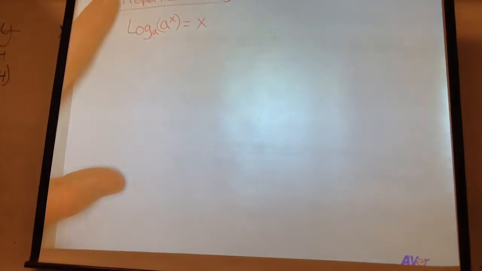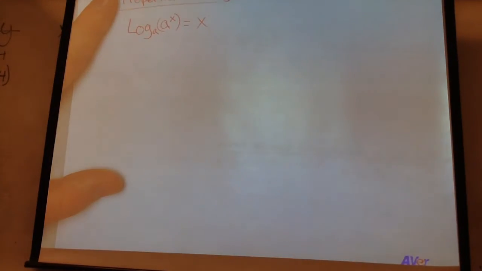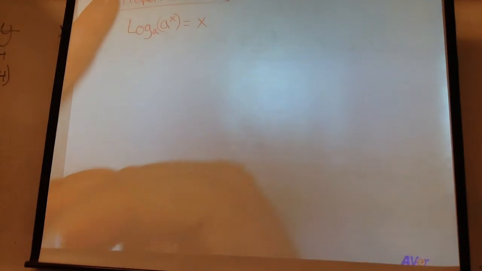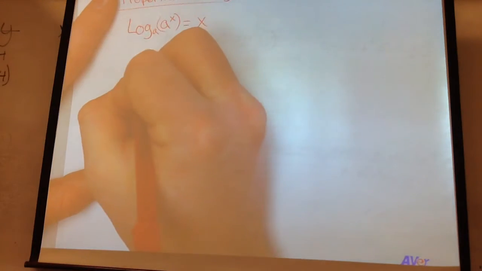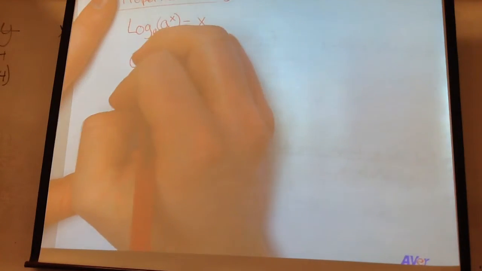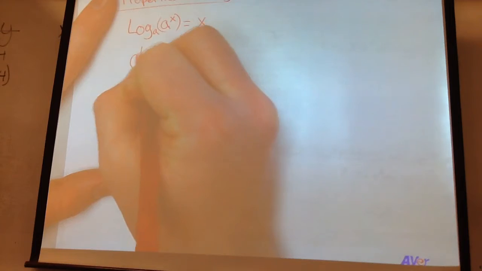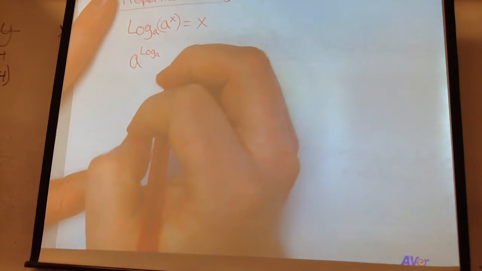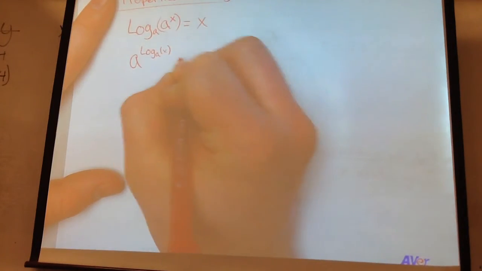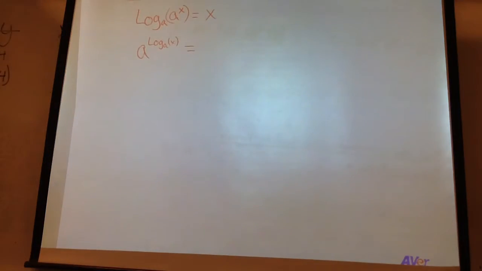A to the X gives the power of X. Here's a harder one. A to the power of log base A of x equals. What? Log of A times X equals A? No? Log of A to the X divided by log of A.